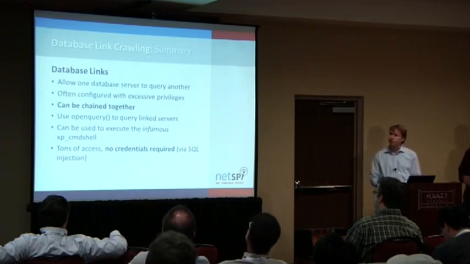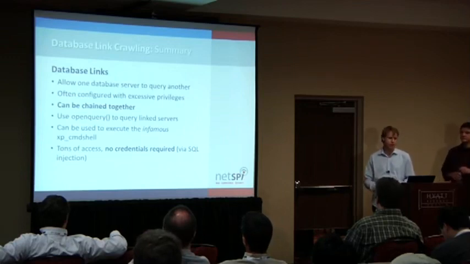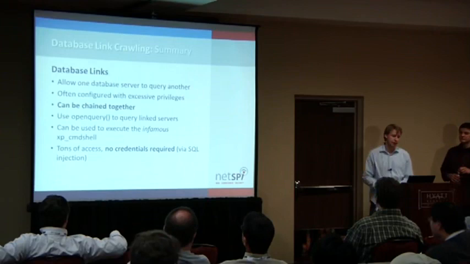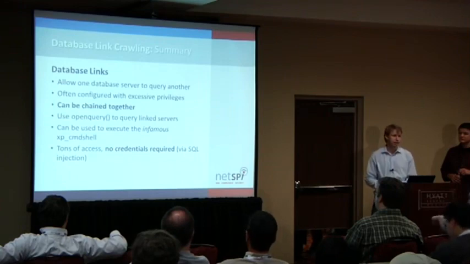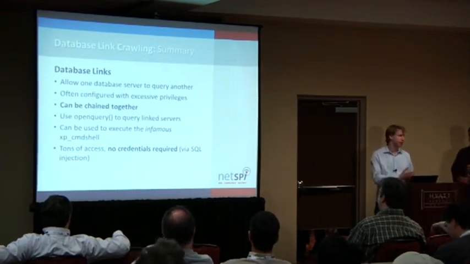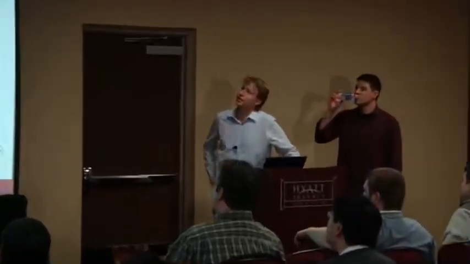When you set them up, you set permissions for them, and any user who has access to the database server can follow those links. So it's public access for everyone. What we see often is that the database links are configured with excessive privileges. Even if you have just user level access to a database server, those links might allow you to escalate your access, get sysadmin permissions on the next hop.